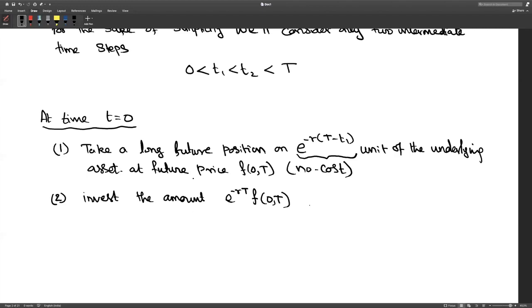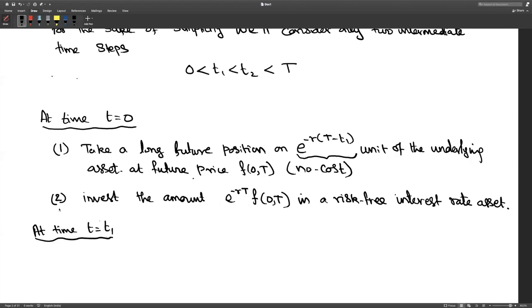So invest an amount e to the power of minus rT, whatever you settled with in the forward price, in the risk-free asset. It is an interest rate asset, therefore it gives you an amount of f(0, T) at time capital T, because it amplifies with a factor of e to the power of rT. So we have built the portfolio like this. Let's call this Pi 2.